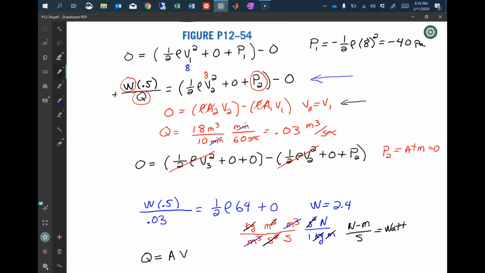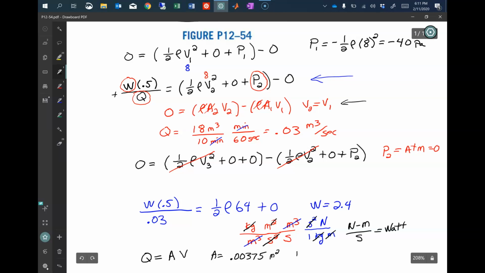So we can calculate the area. The area is equal to Q, 0.03, divided by the velocity of 8. So this area should be 0.00375 square meters.